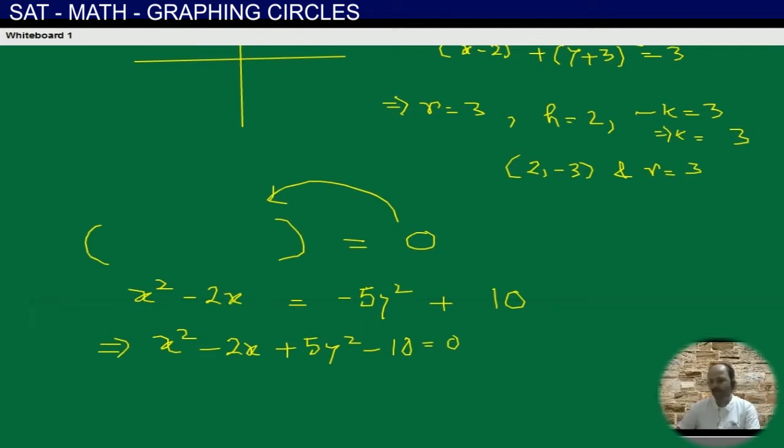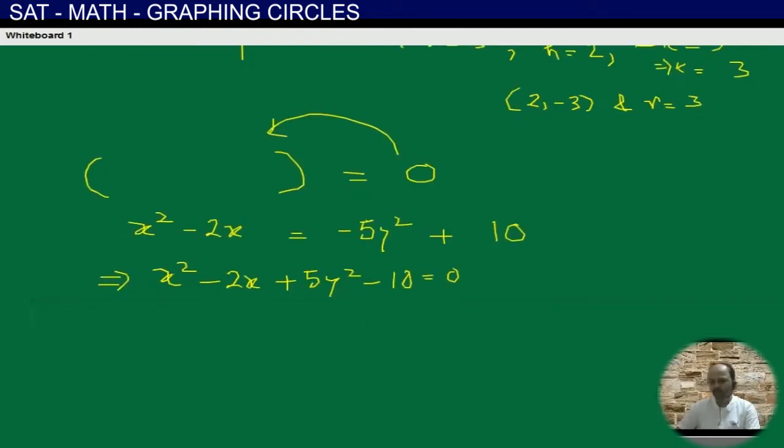That is the first thing. Now we compare the coefficient of x squared with the coefficient of y squared. If they are equal and of the same sign, positive or negative, only then will they be equal. So it refers to a circle.